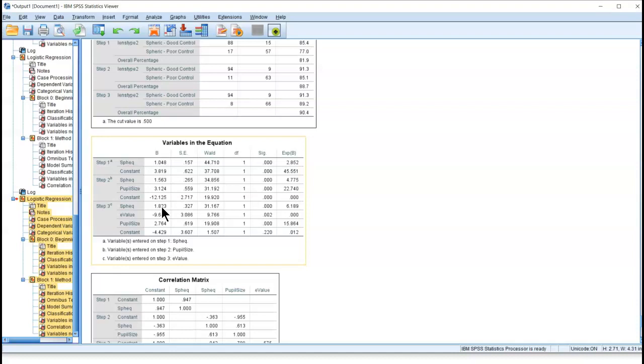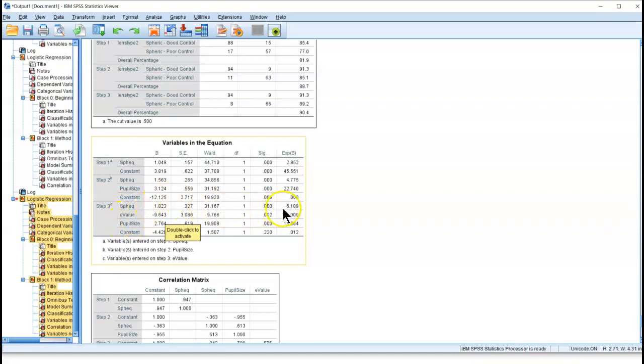You add those up and you're going to get the predicted logit, and then you solve for the probability. The probability equals exponentiating this model divided by 1 plus this model, which gives you the probability that you are going to do poorly after 5 years given just these 3 values.